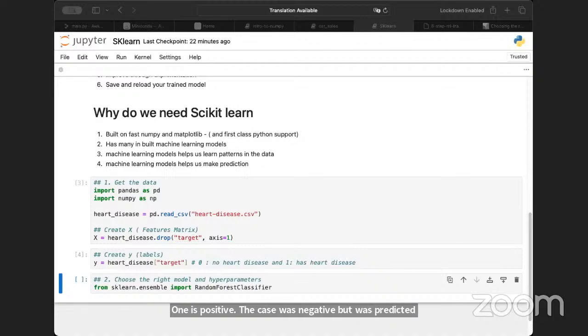So we need to be precise, right? And with random forest, there are 2, 3 things that we actually take into account. One is obviously precision, which says what percent of your predictions were correct. Second is recall.